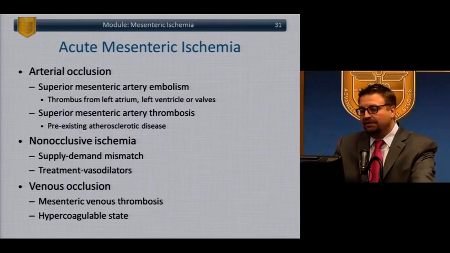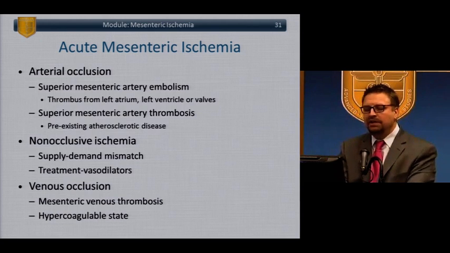Now, on the opposite side, venous occlusion, so mesenteric venous thrombosis is an entity that sometimes presents as a surgical problem. This happens in patients who are hypercoagulable for whatever reason, sometimes in the postoperative state, commonly in patients with IBD. Those patients are known to be hypercoagulable.